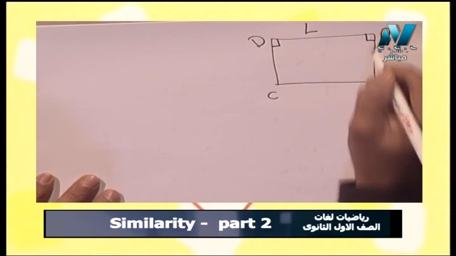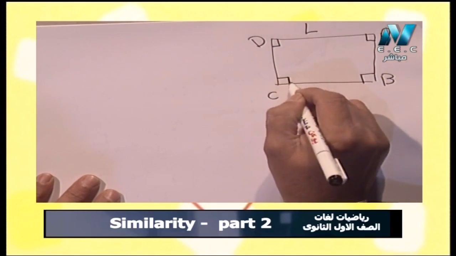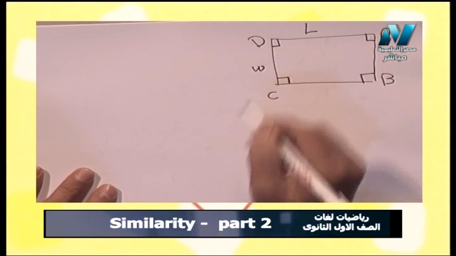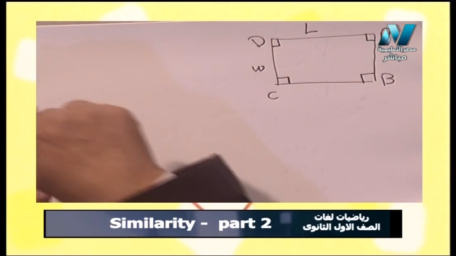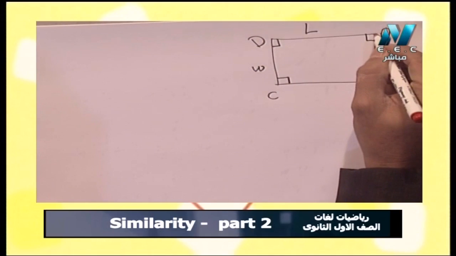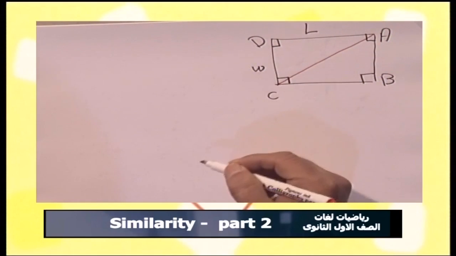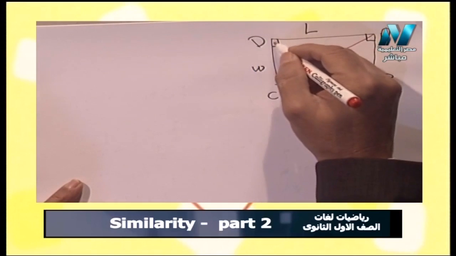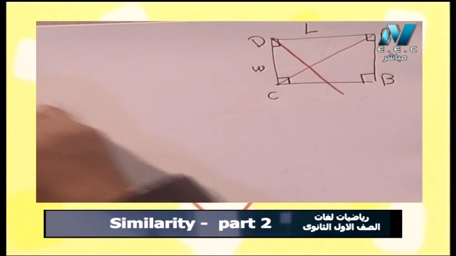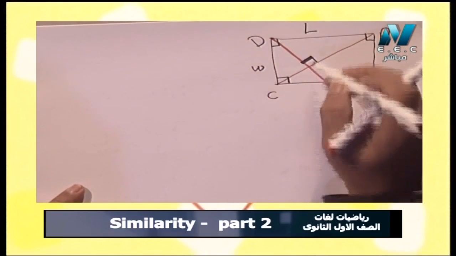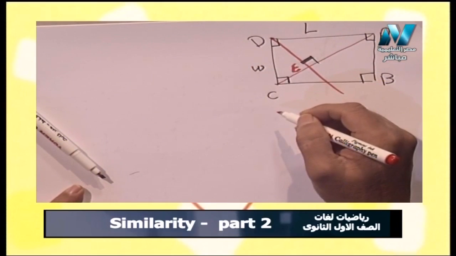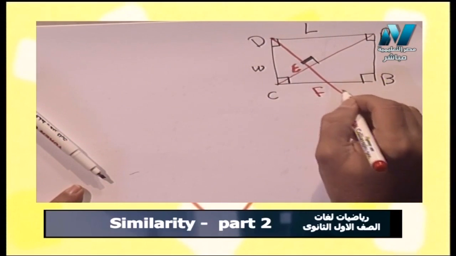We have here the length of the rectangle. If it is a rectangle, all angles here are 90 degrees, or right, and we have here the width, and we have AC here, and we have DF, which is perpendicular to AC at E and intersects CB at F here.